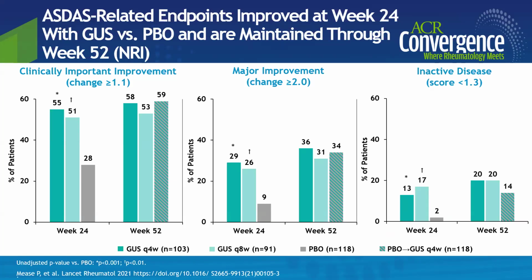So this led us to think maybe there's enough difference between axial psoriatic arthritis and ankylosing spondylitis that the evidence that we see for drug benefit in ankylosing spondylitis may not apply to axial PsA.